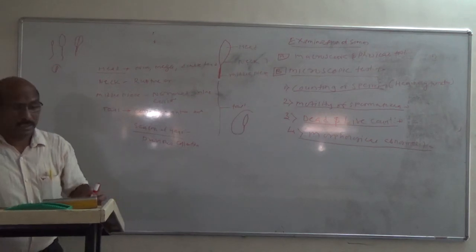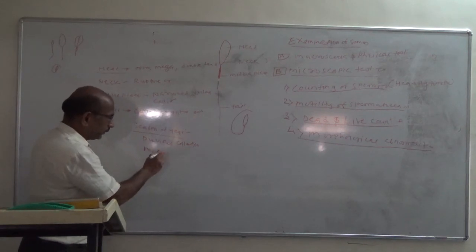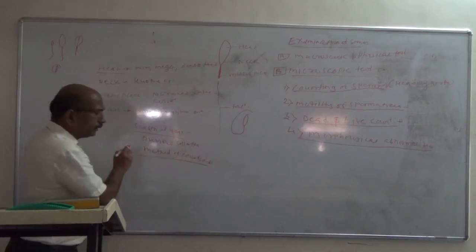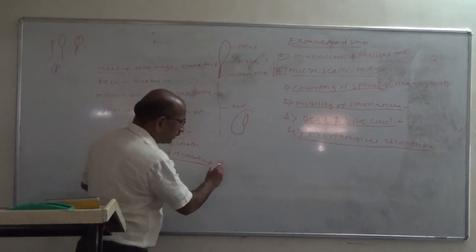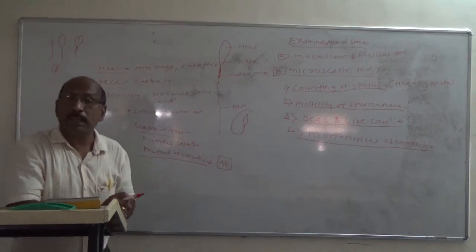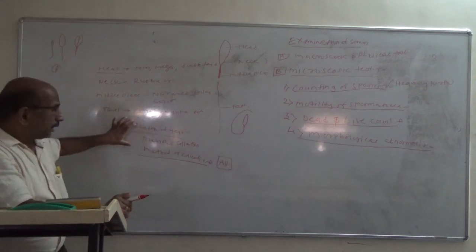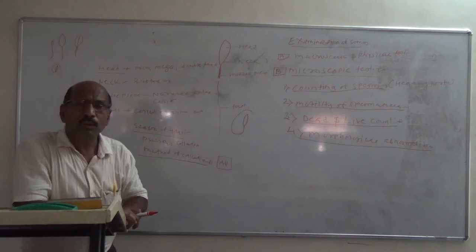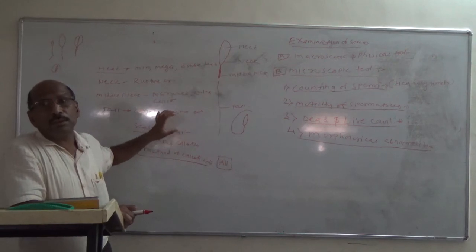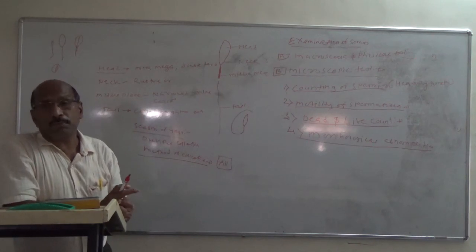Next are the methods of collection. It is minimum in the AV method, so in the AV method there is the minimum of sperm abnormalities, and high in the other method.